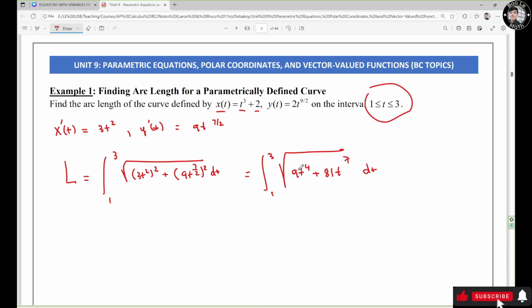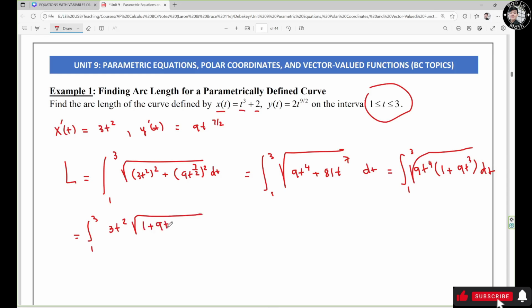Now I'm going to factor 9t to the power of 4 out, so it's the integral from 1 to 3 of the square root of 9t to the power of 4 times 1 plus 9t cubed. I can bring 9t to the power of 4 out, so it's the integral from 1 to 3 of 3t squared times the square root of 1 plus 9t cubed dt.